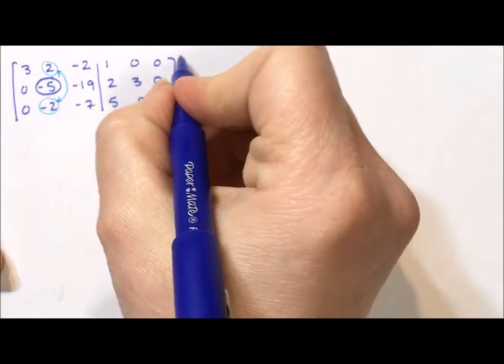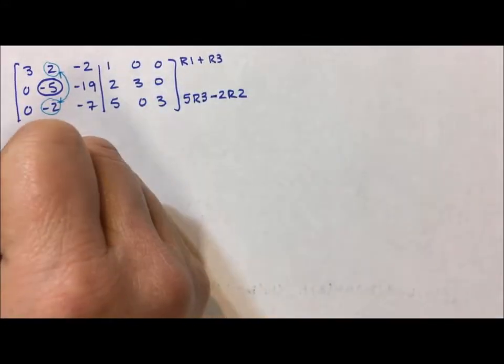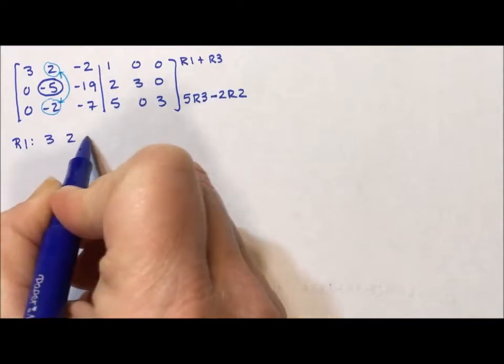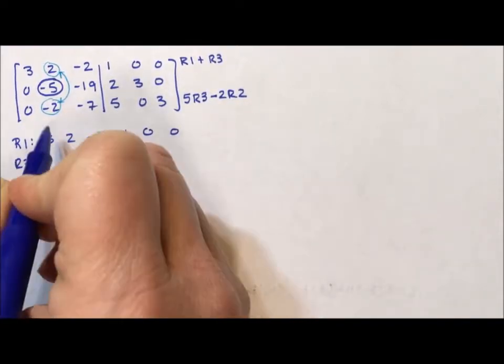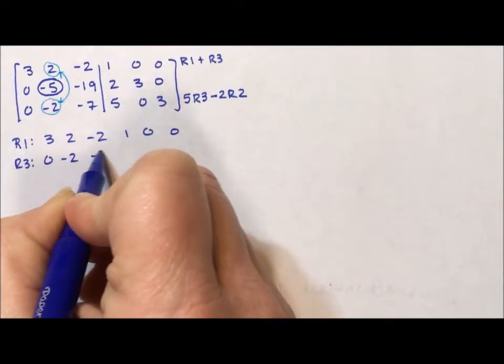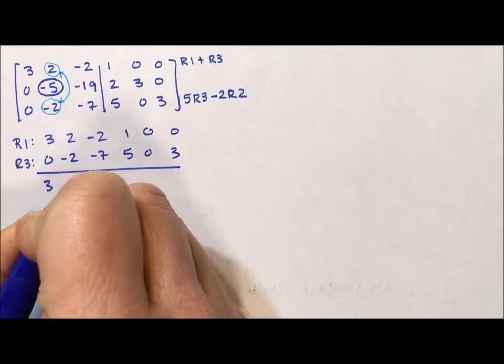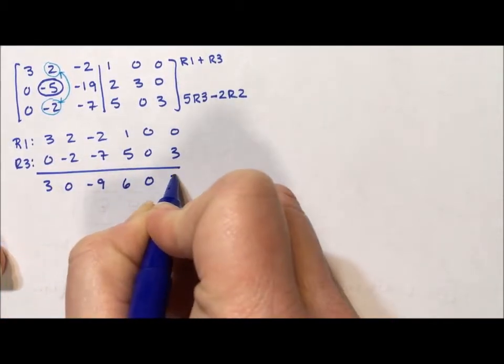And I'm actually going to say row 1 plus row 3. So if I take row 1, which is 3, 2, -2, 1, 0, 0, and add row 3 to it, which is 0, -2, -7, 5, 0, 3, I'm going to get 3, 0, -9, 6, 0, 3.